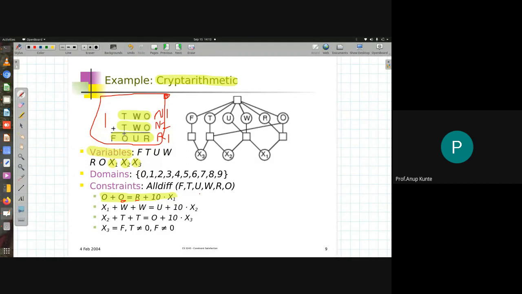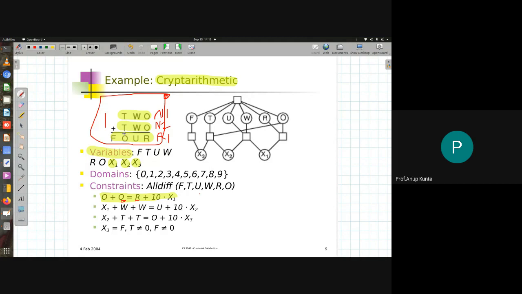So this particular instance of cryptarithmetic problem has two 3-digit numbers being added together to obtain a 4-digit number. The 3-digit numbers are encrypted as TWO. So they are encrypted with the same cipher, TWO, TWO.